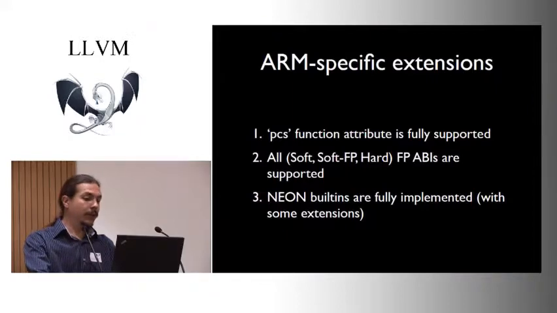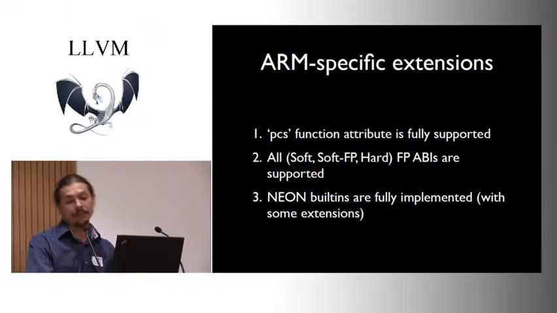All Neon built-ins are fully implemented, and even with some additional extensions. Basically, the Neon built-ins inside Clang are, I'd say, a small superset of what, for example, GCC provides. But otherwise it works quite well.